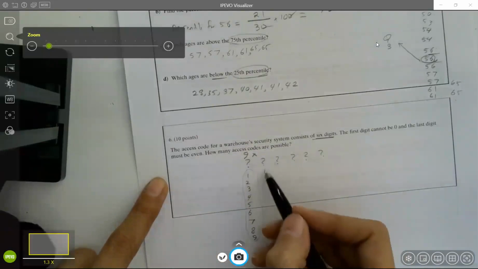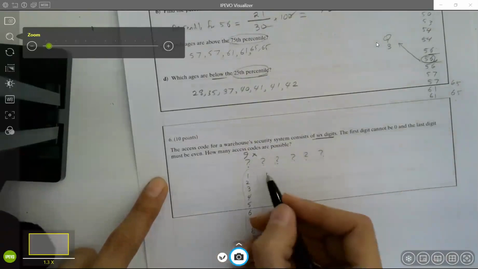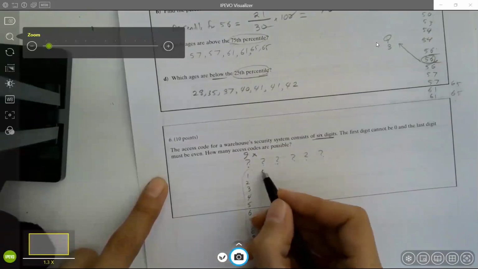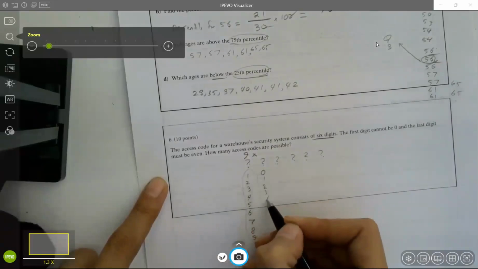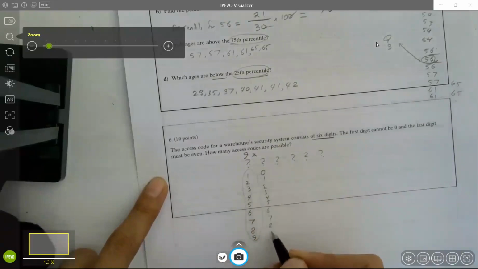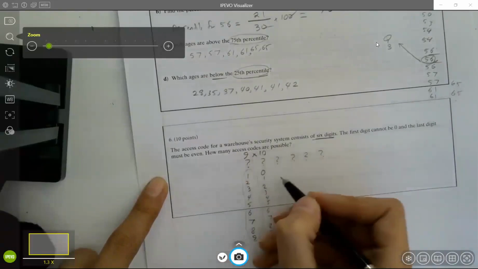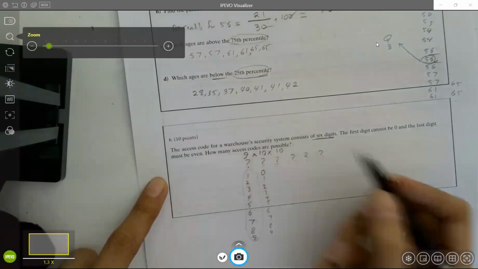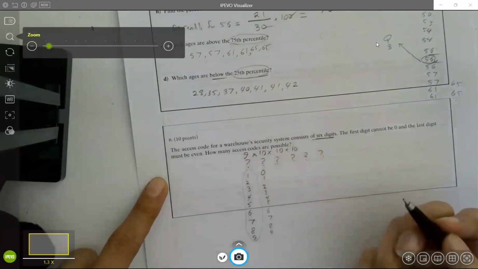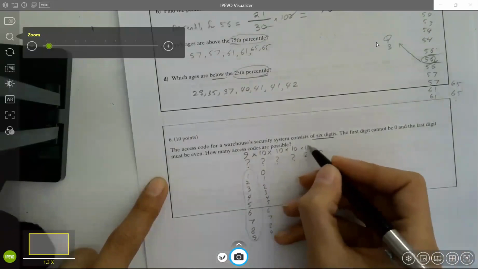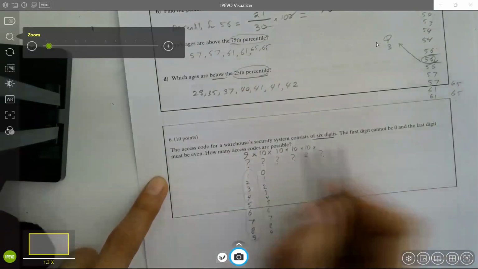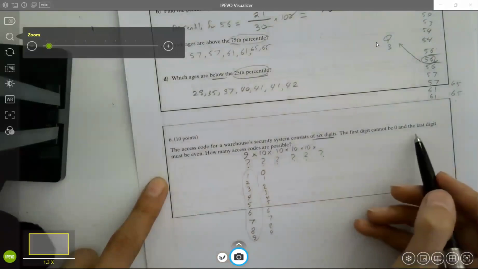How many options do I have for the second digit? It didn't mention anything, it just says any random digit: 0, 1, 2, 3, 4, 5, 6, 7, 8, and 9. So 10. What about the third one? Again, 10. The fourth one, 10. And finally, the last digit cannot be odd, so it must be even.